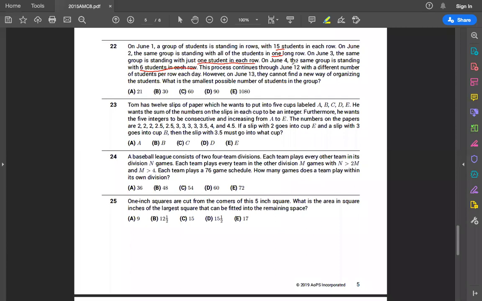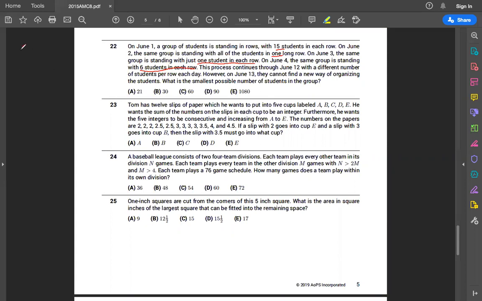So notice that the number of students in each row has to be a factor of the total number of students. So we're pretty much just looking for a number that has 12 factors. But we also know a couple of the factors. We're given 15 is a factor, 6 is a factor. We obviously know 1 is a factor, but that doesn't give us that much information.